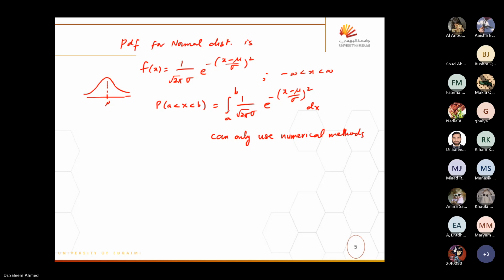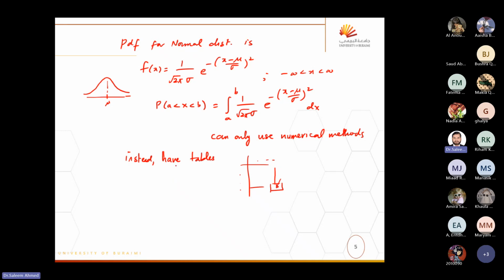Instead, they said, we have some tables that give you the areas or probabilities. We can find the appropriate value from the table.